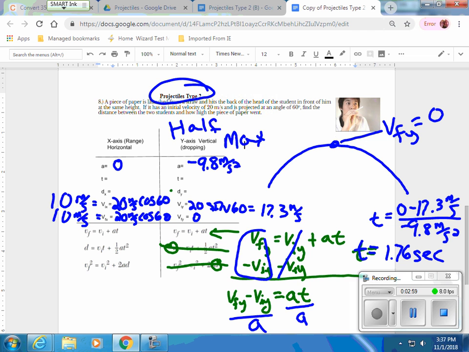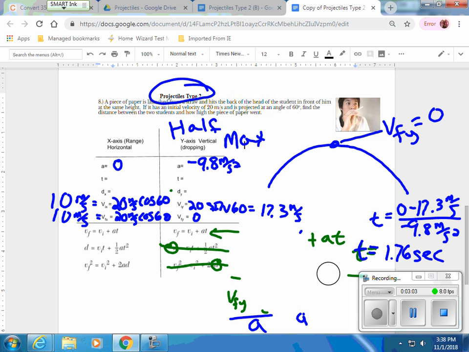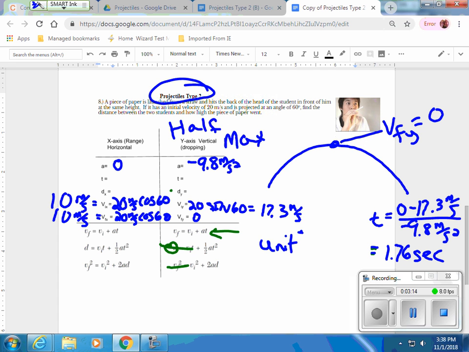Well, if I wanted to do unit conversions, just checking for units. I have my units. So I know my units were meters per second divided by a meter per second squared.